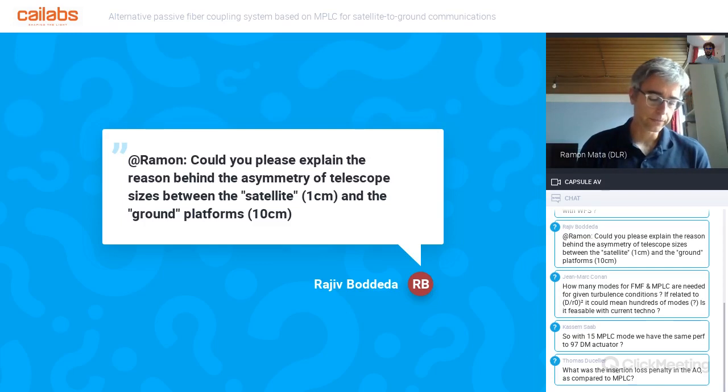Usually, if you have a link between a satellite and a ground station, the ground station size depends on the orbit of the satellite, but it could range between 40 centimeters and 1 meter. I would say that this is quite a range of possible telescope diameters.